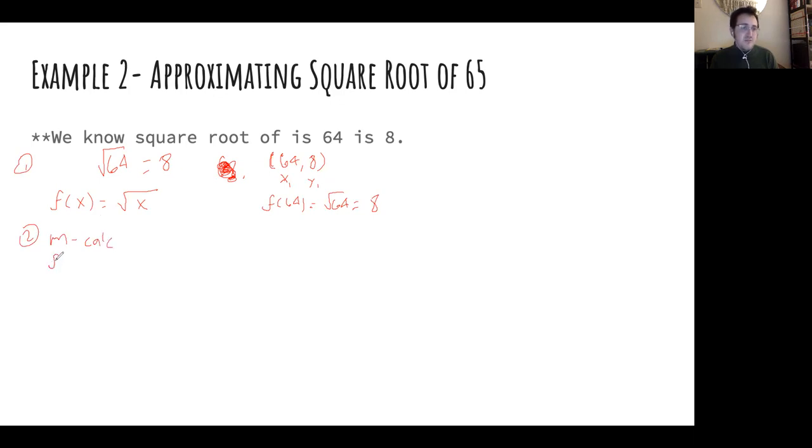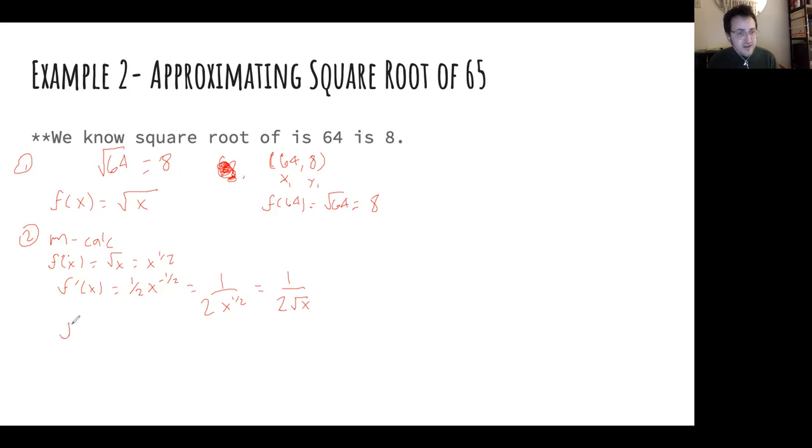So if I know that f of x is equal to the square root of x, which is x to the 1/2, I can figure out what f prime of x is equal to. That would be 1/2 x to the negative 1/2. Or I could put this in the denominator: the 2 is in the denominator, the x moves into the denominator. So this is 1 over 2 times the square root of x.